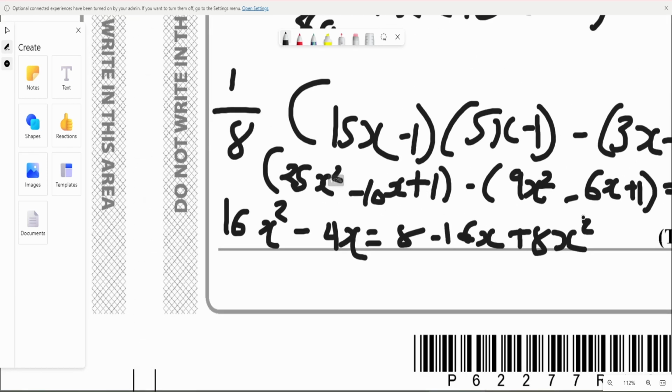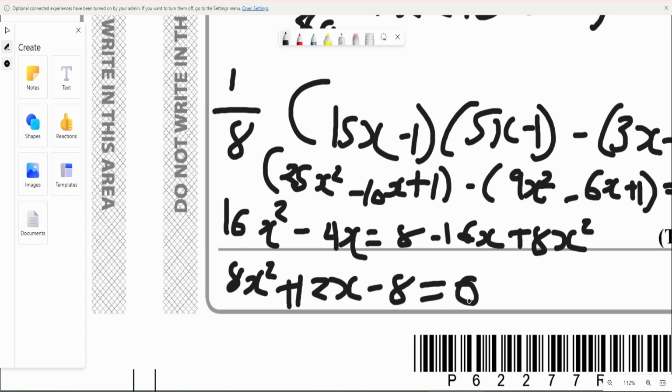Well, what does this look like? Quadratic. So we're going to take everything to one side, which gives us 8x squared plus 12x minus 8 equals 0.